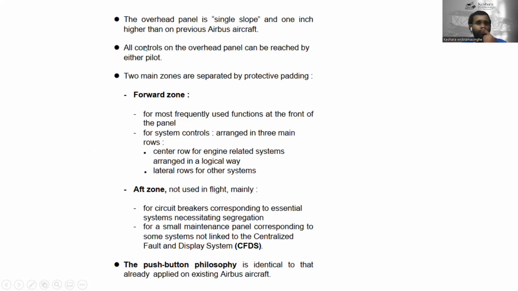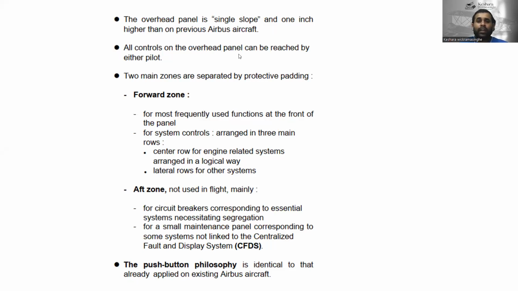All right. So the overhead panel is a single slope and 1 inch higher than on previous Airbus aircraft. Okay, higher than previous Airbus aircraft.